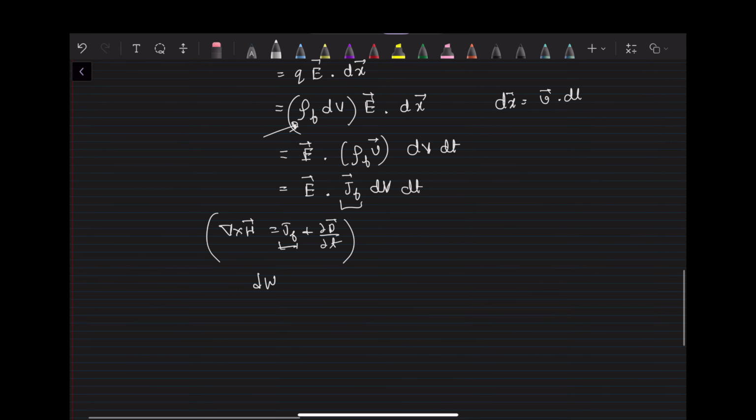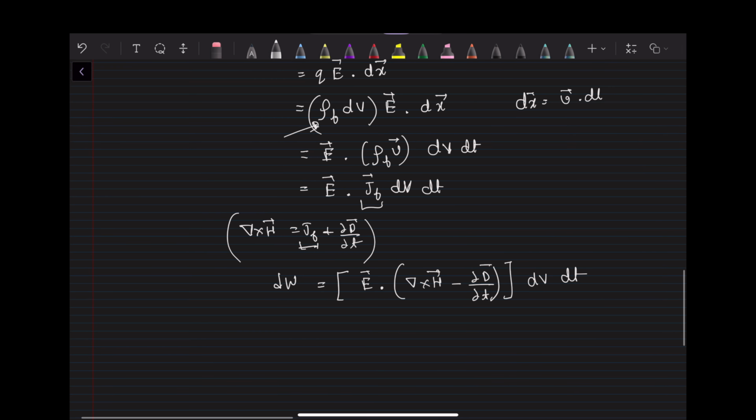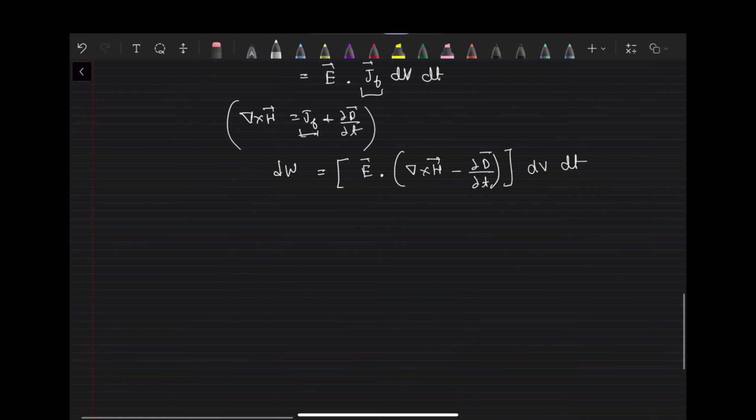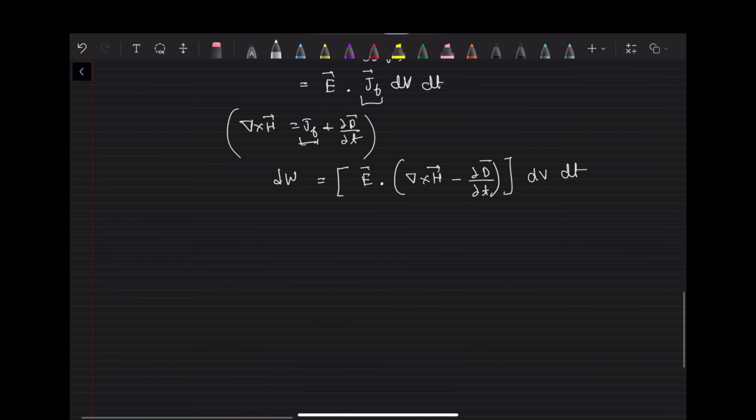So we have the infinitesimally small work done, then we have the electric field, of course. Then we are replacing the free current density, then we have the volume element and time element. Now we are just using some identity, and we are trying to replace this part.